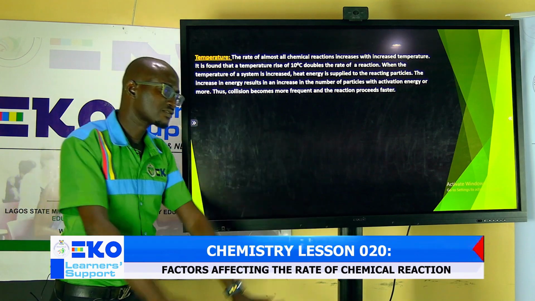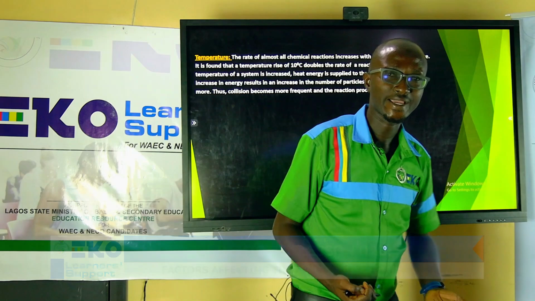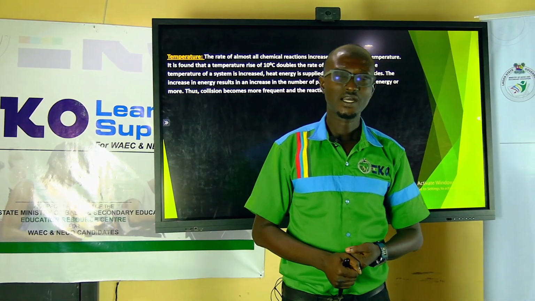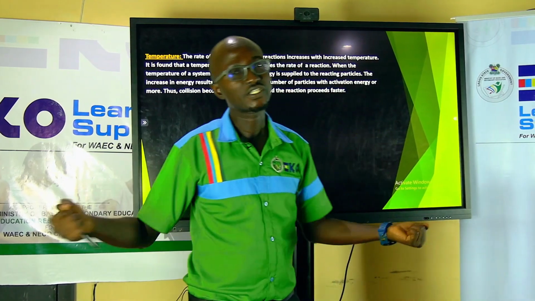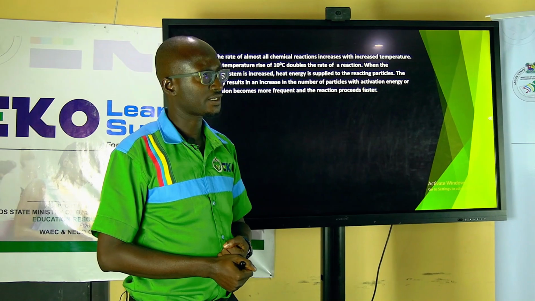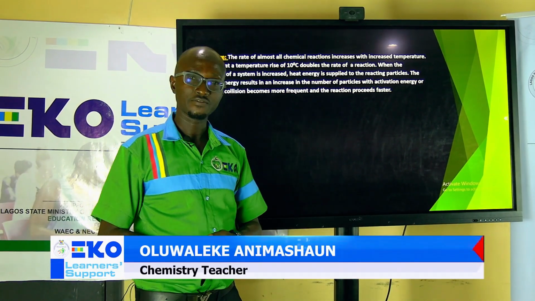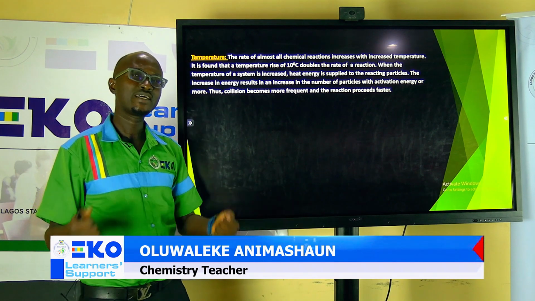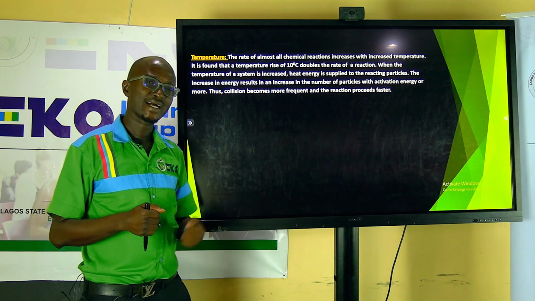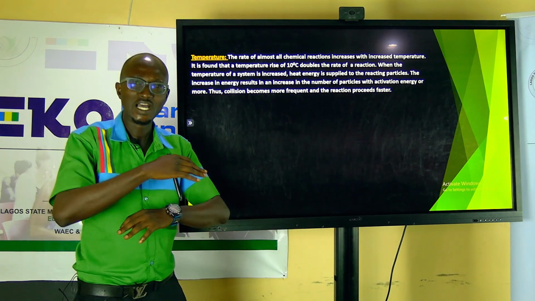But once the temperature is low, they are not energized. They don't have much energy. And as such, it cannot give effective what? Collision. How can we liken this in our house, in our environment? You observe, students, that when the weather is very cold, you are not usually active as when the weather is not cold, when we just have a warm weather.